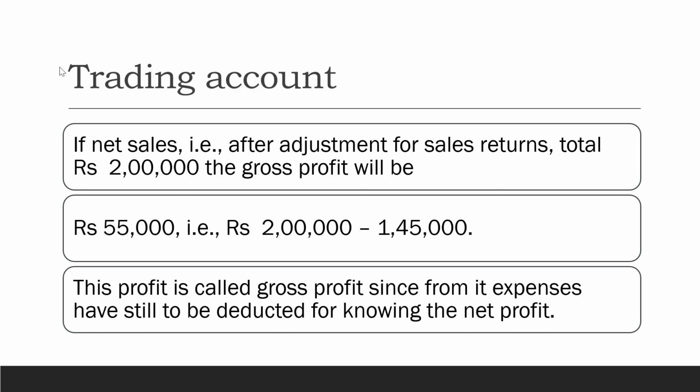Ultimately, the net profit is the money which the company is earning finally. So all the expenses which have been incurred thereafter will be shown in the profit and loss account, and you will arrive at the net profit of the company. Now, the gross profit is very important because it tells you how much gross profit you're earning. Suppose you are a business owner and you say that I'm going to charge, say, 30% on my cost, and I'm going to sell my goods.